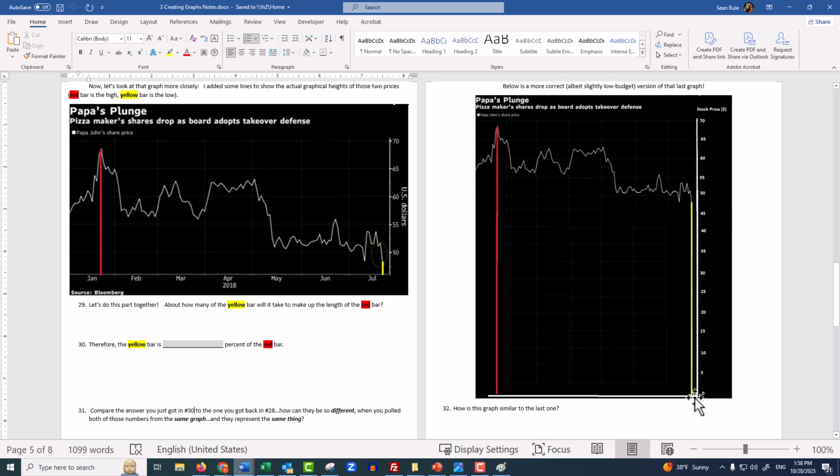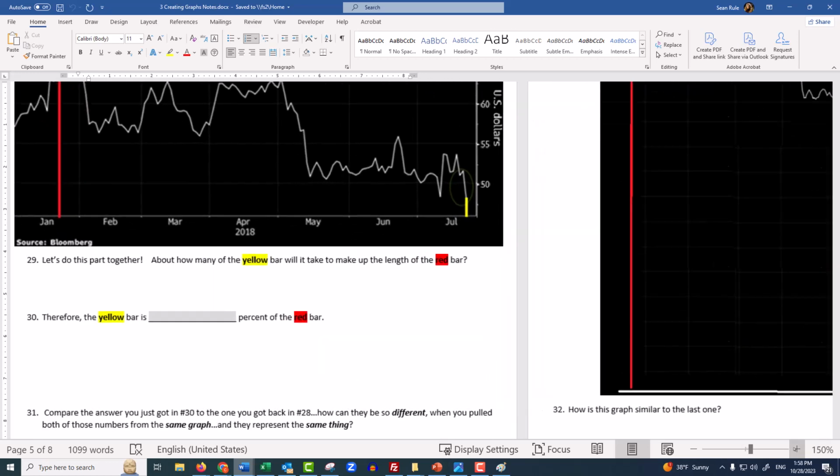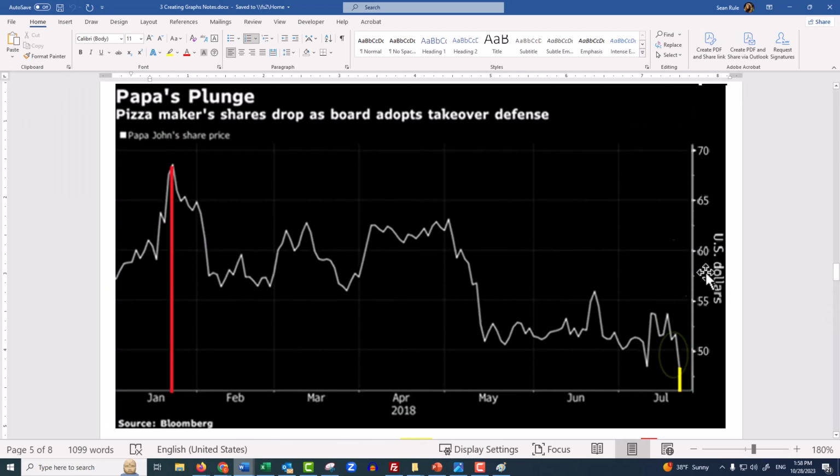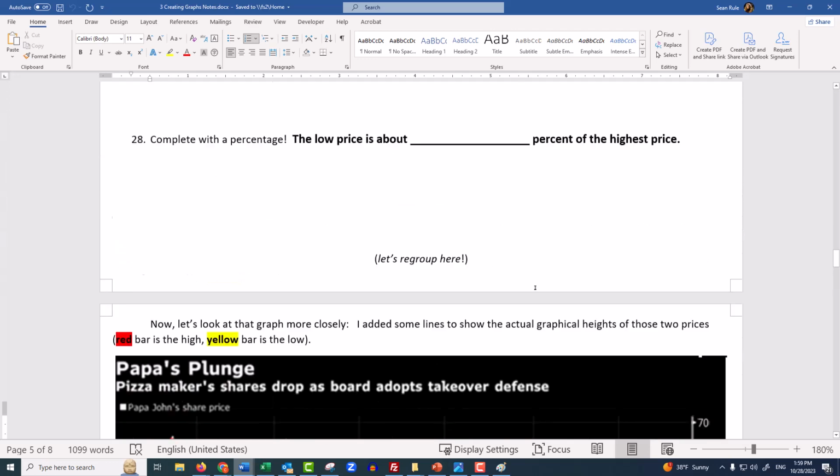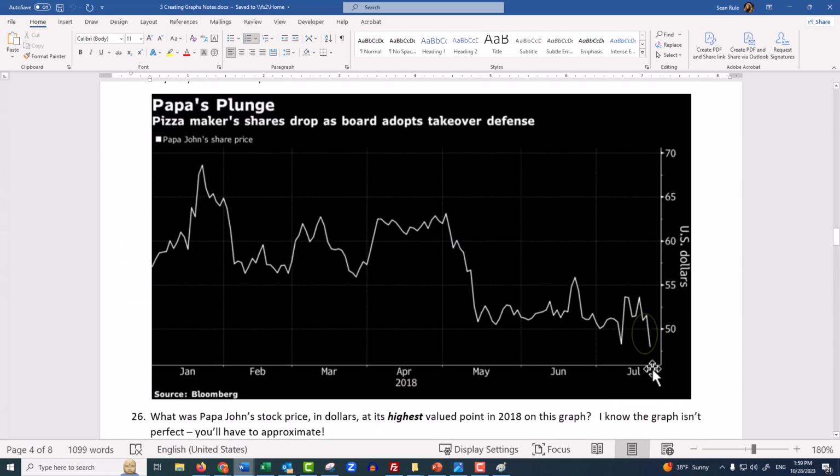Which means you're not seeing, dear friends, the bar go all the way down. Now, it's the same graph as this one. These graphs side by side are exactly the same graph, except what I did was I added the correct bottom part on that graph, which now goes all the way down to 0, which is where that line should be. Just to give you a reinforcement of this idea, when I was going over this graph with a math department coworker, I said, what do you think that price is right there?